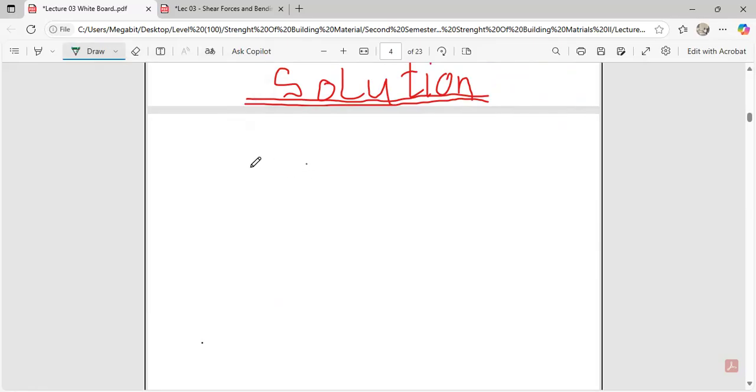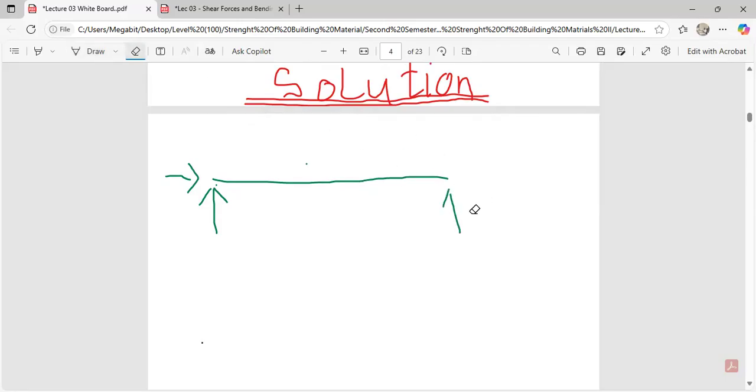Then we put down our free body diagram. Because this is a hinge support, it's supposed to have two reactions. And because it's a roller support, it's supposed to have just one reaction.